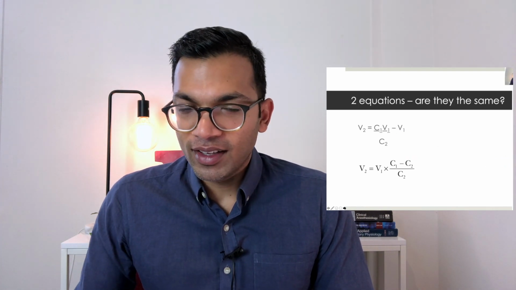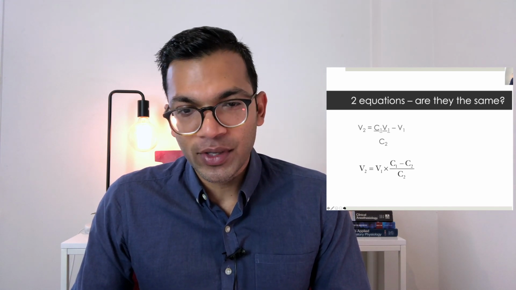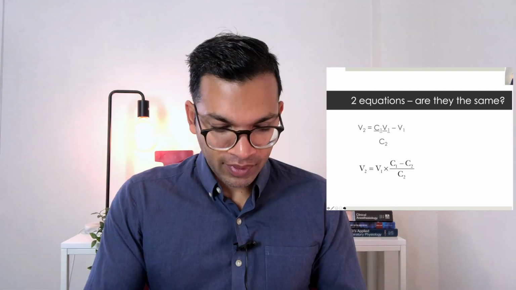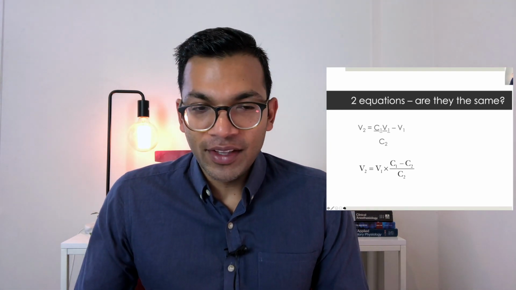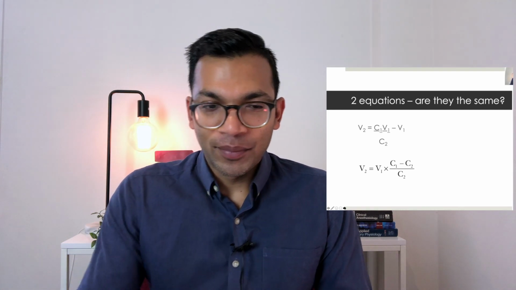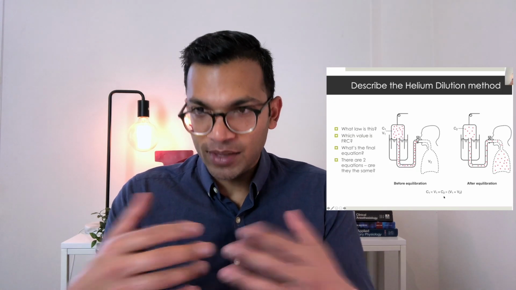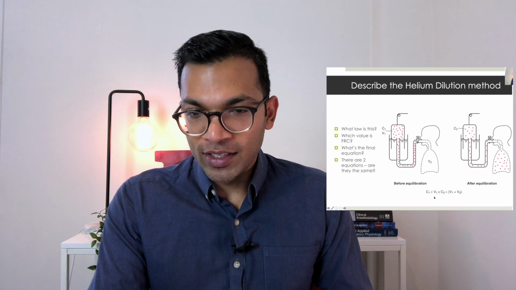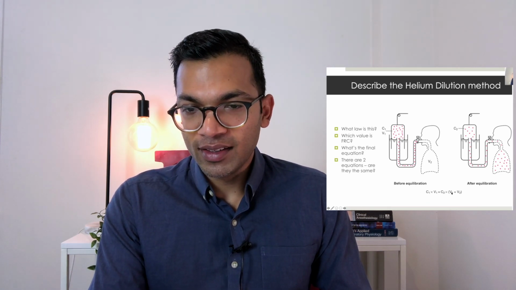Interestingly, what does West have? West has V2 equals V1 times (C1 take away C2) over C2. Have you guys seen that equation? I guess you could do that too. You just have to take V1 out and rearrange it. Yeah, exactly. They're exactly the same. When you rearrange this equation, the most simple way of rearranging is to divide by C2 and then have a minus V1 there.